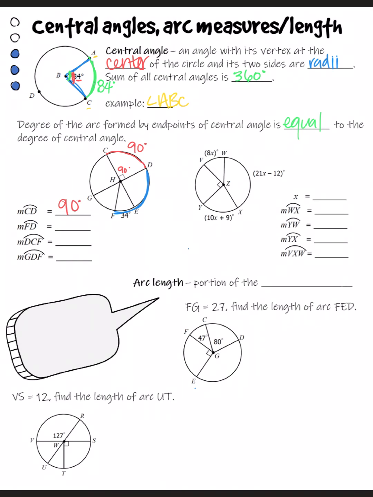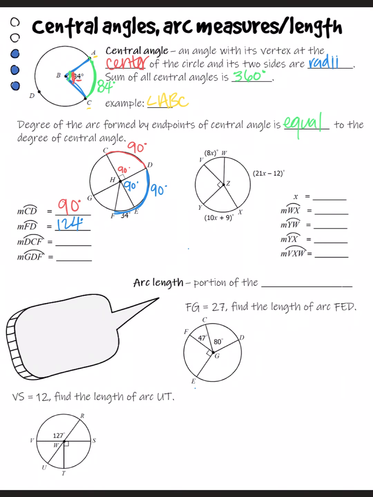So this portion has to be 90 as well, meaning that this arc is 90. So when I take 90 plus 34, that is 124 degrees. FD is 124 degrees.